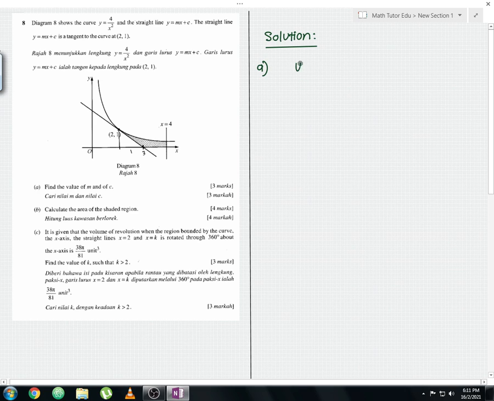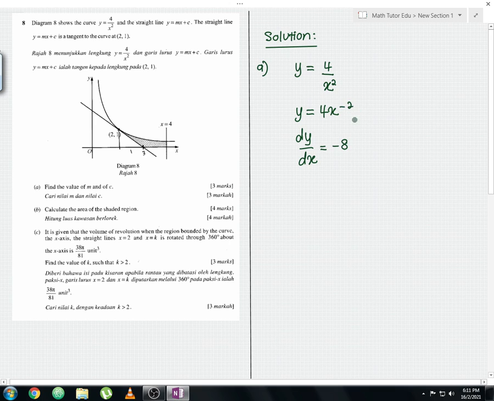So given that y is equal to 4 over x square, we're going to bring this x square to the top, so it will become y is equal to 4x to the power of negative 2. Okay, let us do the differentiation now. So from here, dy over dx is equal to negative 2, you times with 4, you'll get negative 8.